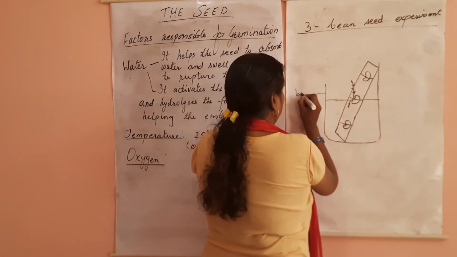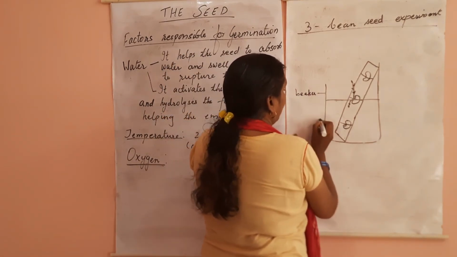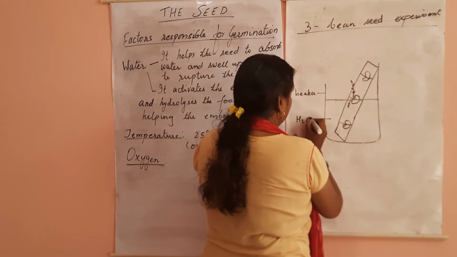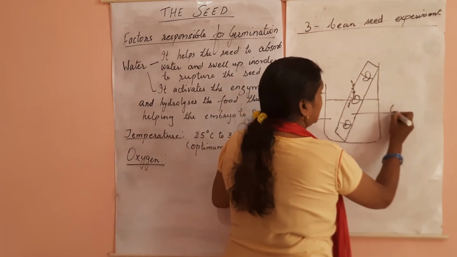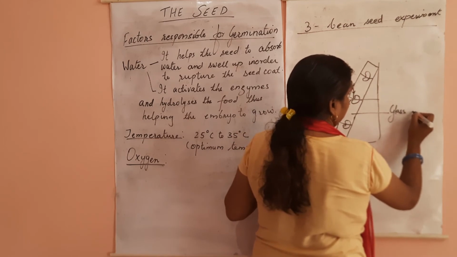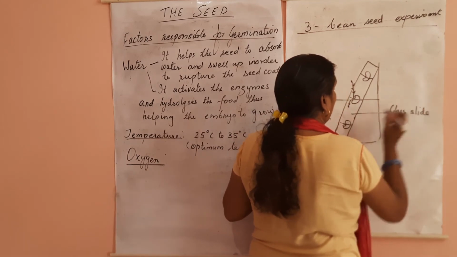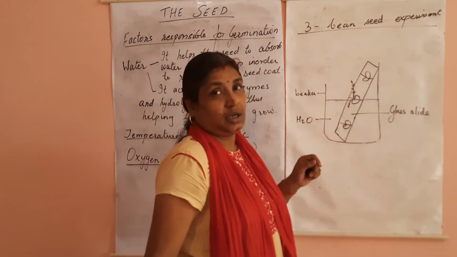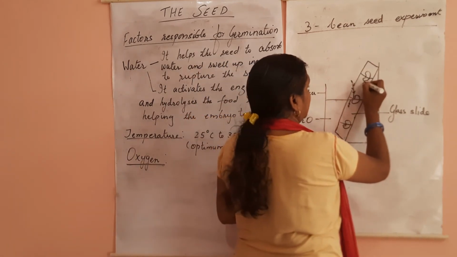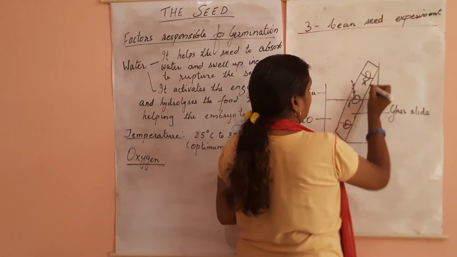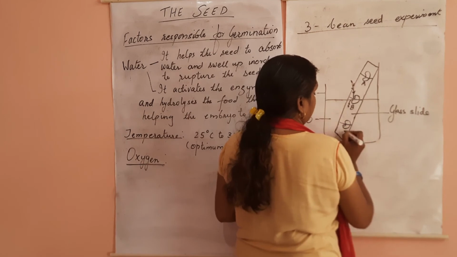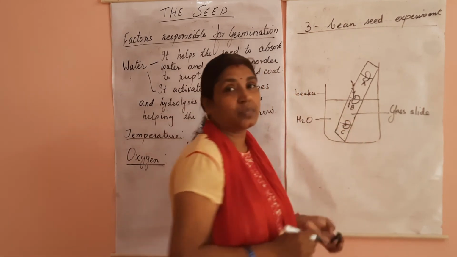So this is your beaker, water, this is your glass slide, and the three seeds. Let us label the seeds as seed A, seed B and seed C.